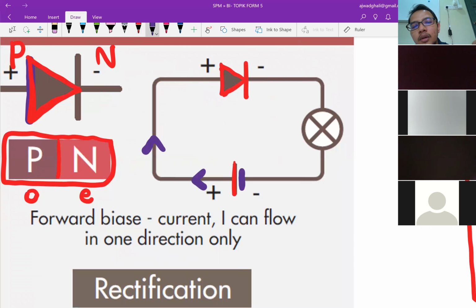Now you see the current flows following the arrow of the diode. That means current can flow here, can flow here. This bulb will light up.